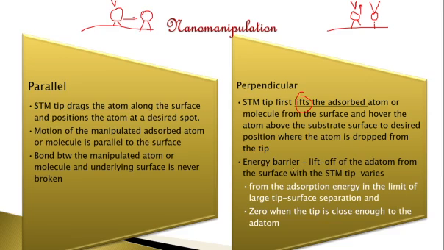The energy barrier for the lift off of the adatom from the surface with the tip will vary depending upon the adsorption energy in the limit of large tip surface separation, and it would be 0 when the tip is close enough to the adatom. Which means if the tip is very close to the adatom, the energy barrier between the tip and the adatom will be very small or 0, so this atom gets attached to the tip.